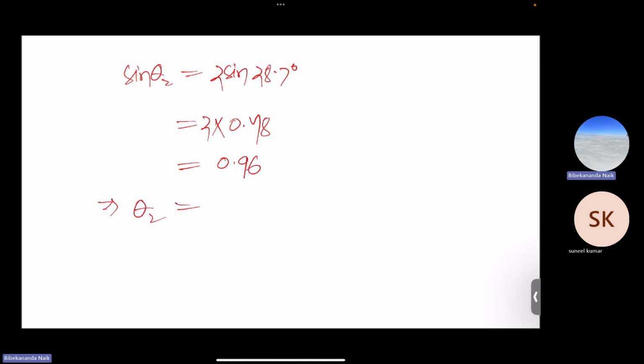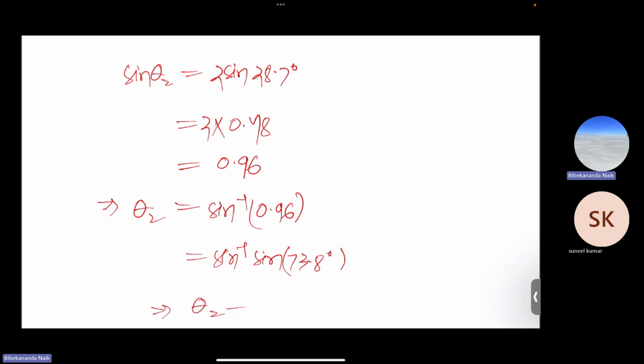So theta 2 will be sine inverse 0.96, which is about 73.8 degrees.